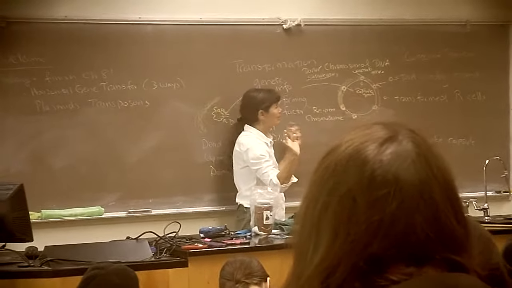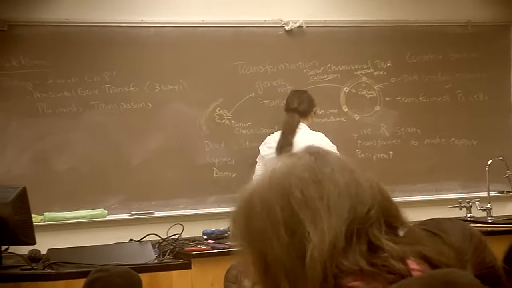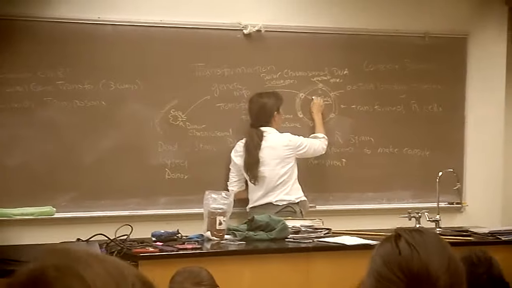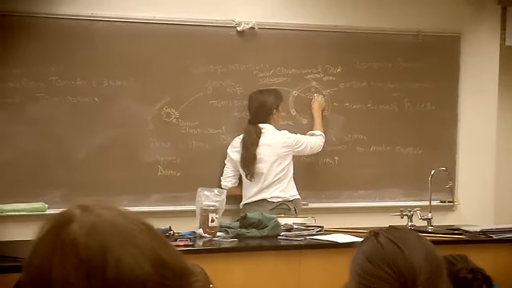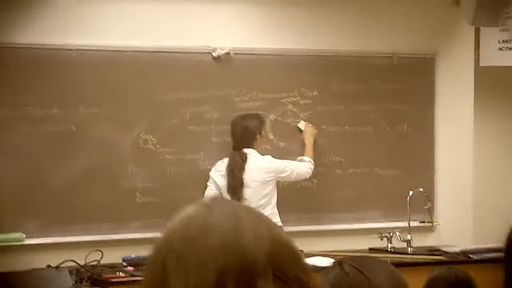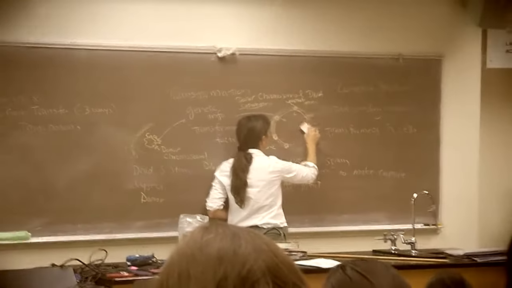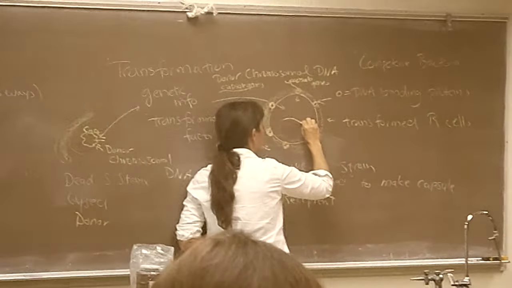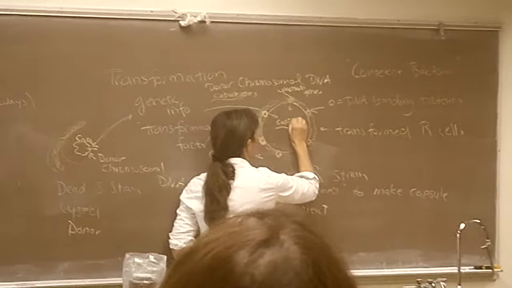I know you guys get frustrated because I get to erase like that, but I'm going to do it. So through homologous recombination, that incredible crossing over event we talked about, the donor capsule genes would have replaced the mutant capsule genes of the recipient, and now the recipient has functional capsule genes.